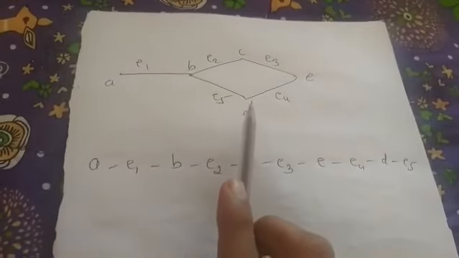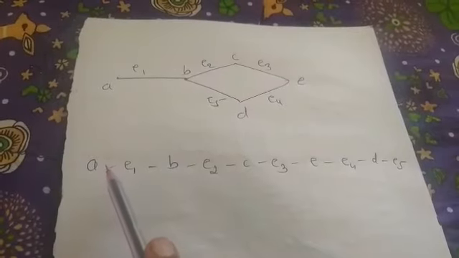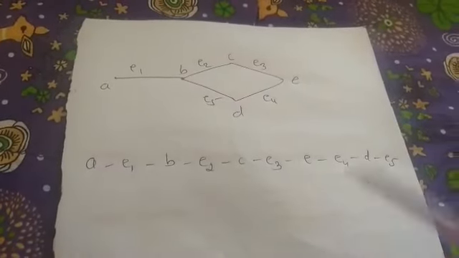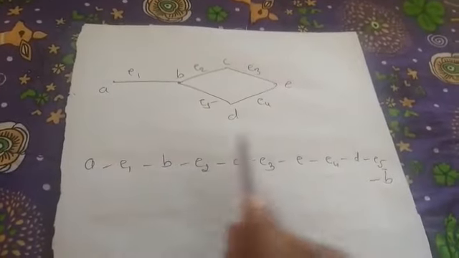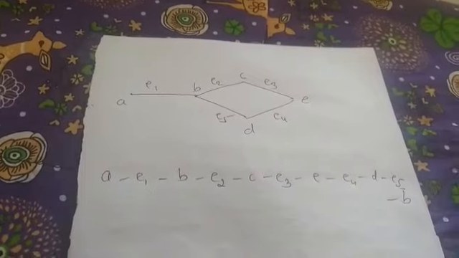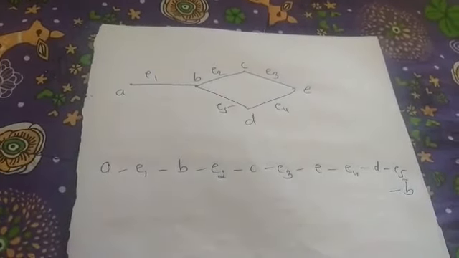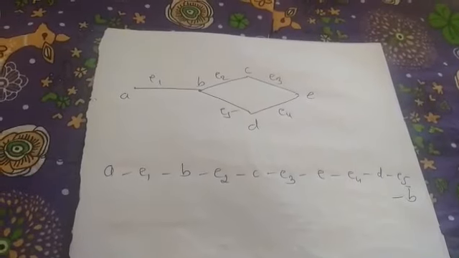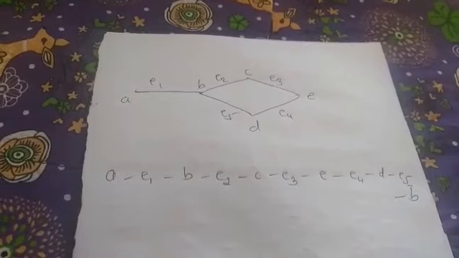In this example, we have constructed a walk or a path from A to B. Just observe this path. Starting point is A and end point is B. A, E1, B, E2, C, E3, E, E4, D, E5, B. In this walk, the edges are not repeated.